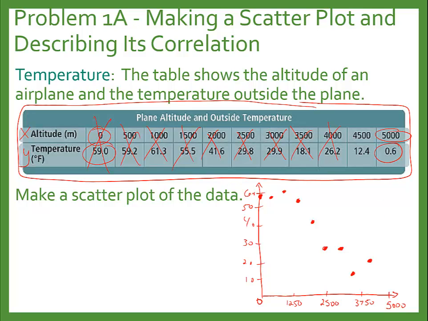And 4,500 is about 12.4. And lastly, 5,000 is going to be 0.6, so right down here. So that there is your scatter plot. We plotted all those random points. The only thing we're doing with problem 1A is plotting all of those points. All done. Pause it one more time.